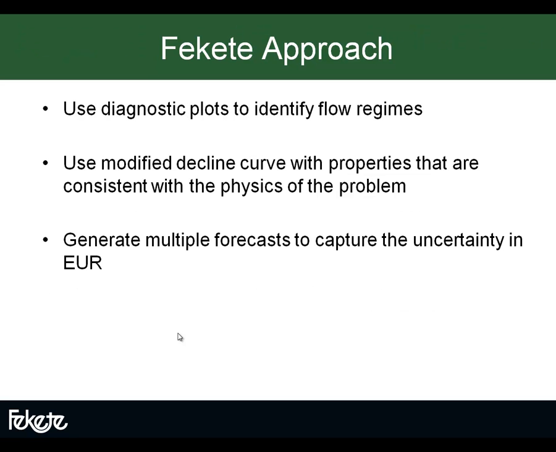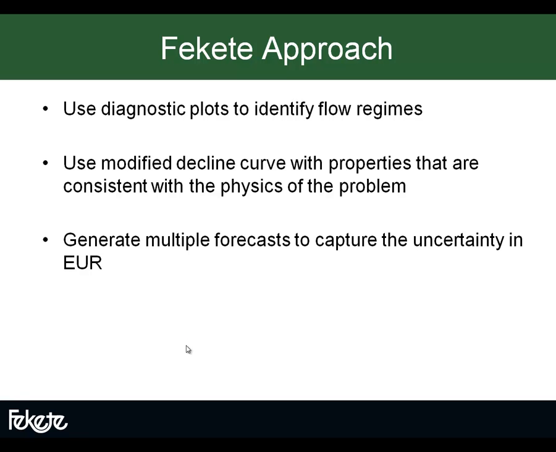What I'd like to propose instead is our approach. And it's very similar to the conventional decline curve approach. We don't really want to differ too much from using standard decline curves. However, we're going to use them in a different way. To start out with, we're going to use diagnostic plots that we've spent many years using in RTA and have proven their worth over the years to identify flow regimes.